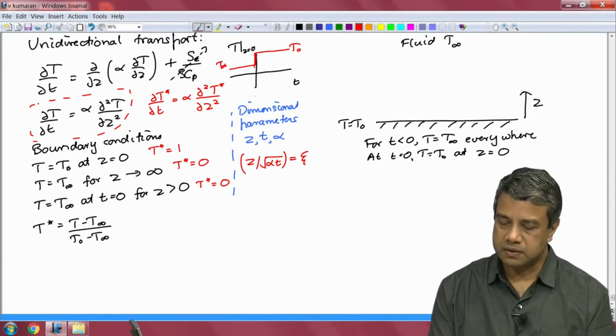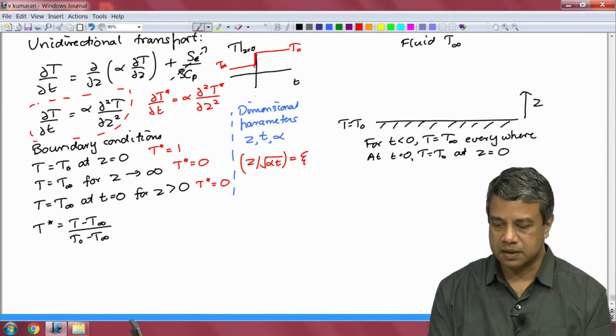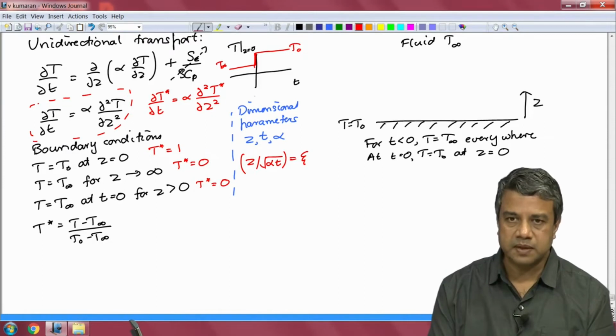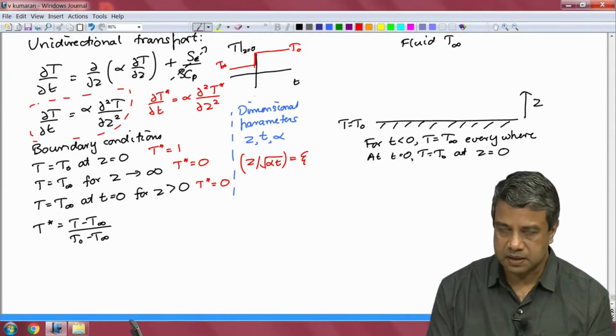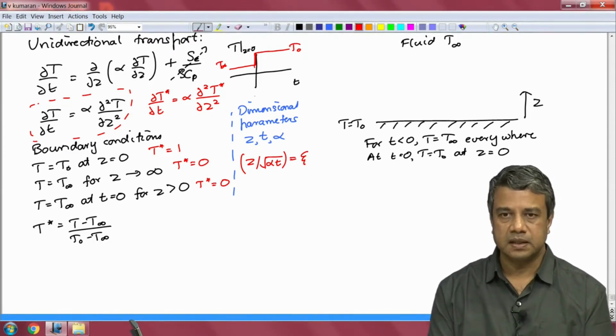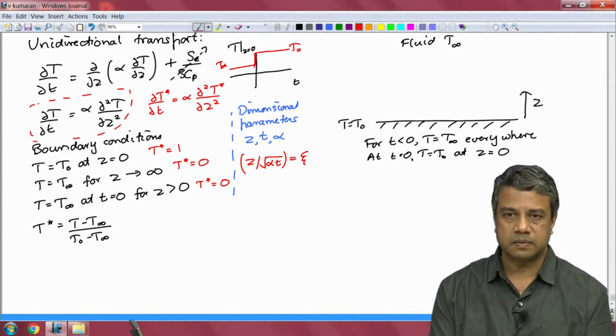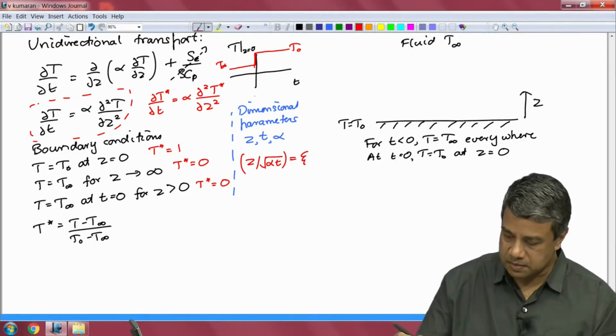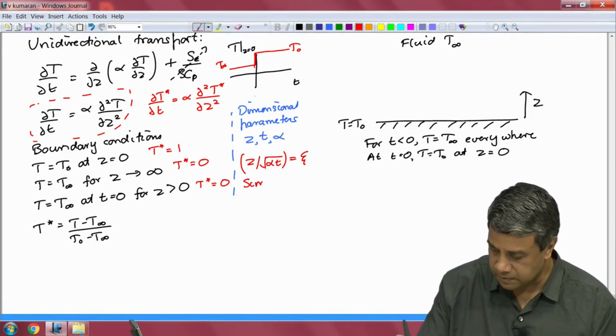And if after reducing it to a similarity variable, the equation for the temperature and the boundary conditions can both be expressed in terms of that similarity variable alone, then I will have a one-dimensional problem, which can be solved. So, can everything be expressed in terms of this similarity variable?